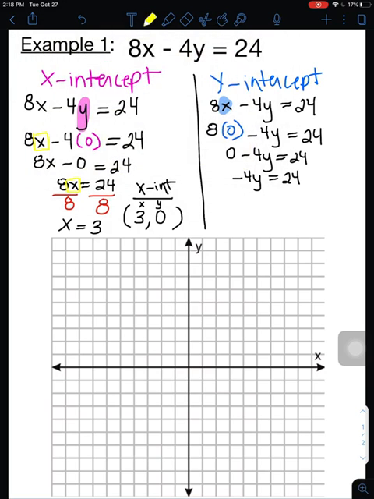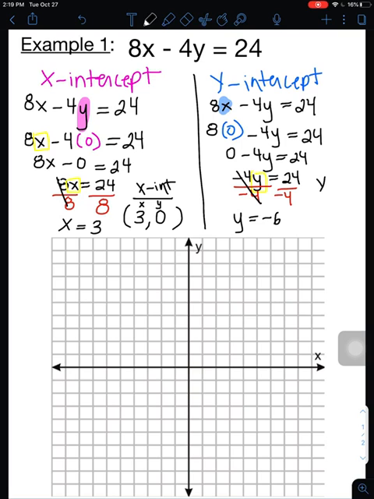And now our goal is to get the y all by itself. So we're going to divide both sides by negative 4. This cancels out, this cancels out. Y is equal to negative 6. We were solving for y here.